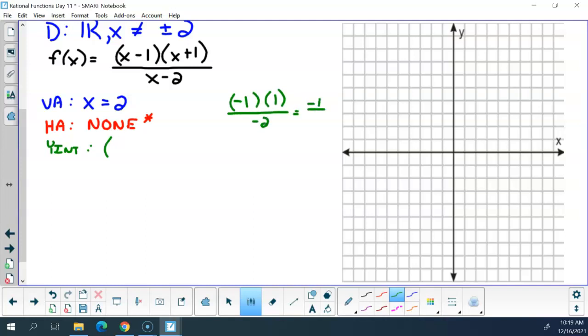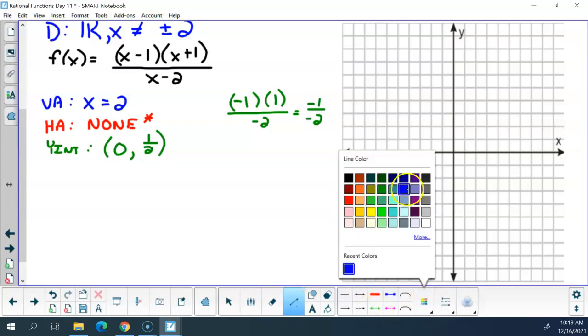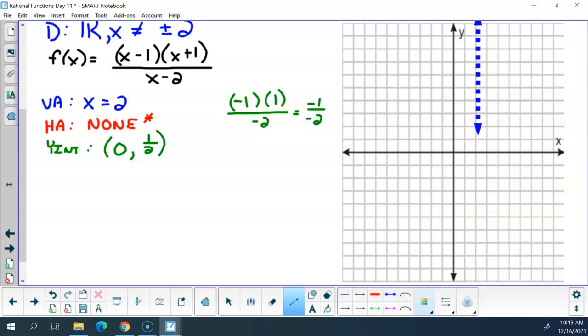So that's negative 1 over negative 2, which is positive 1/2. Let's fill in as we go. We don't have a lot to fill in. 2 is 2, and 1/2 is 1/2. That's probably where your graph was getting screwed up.